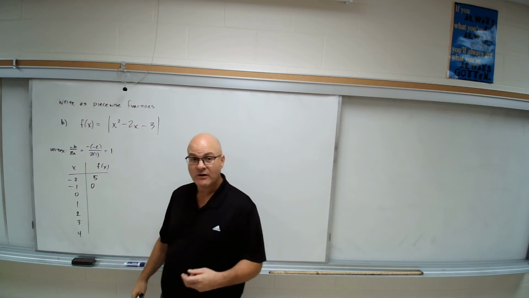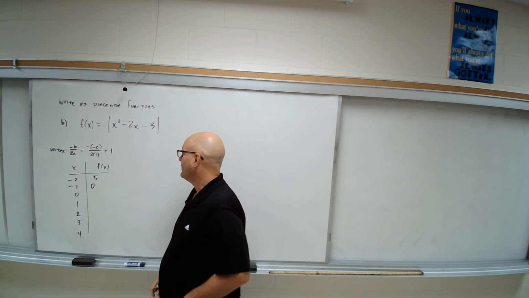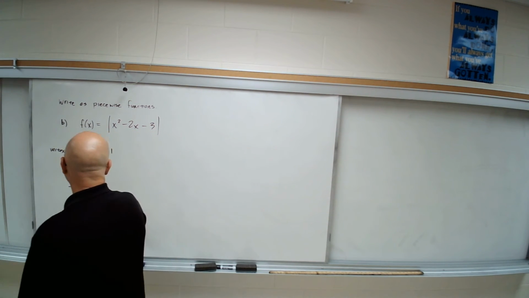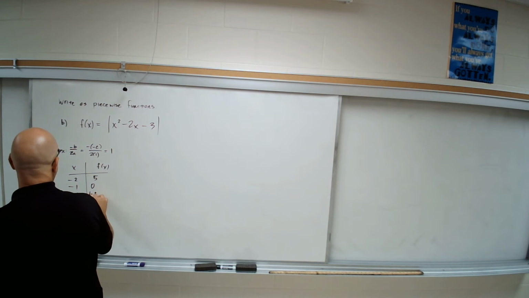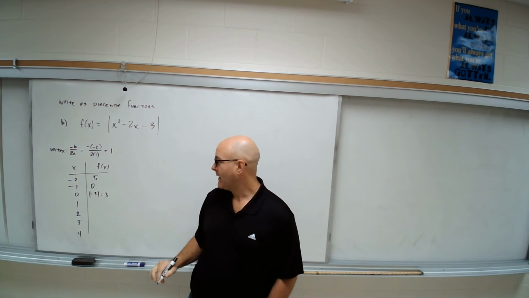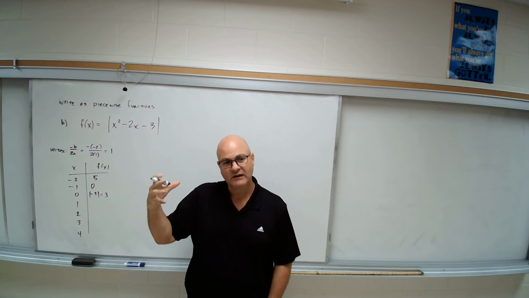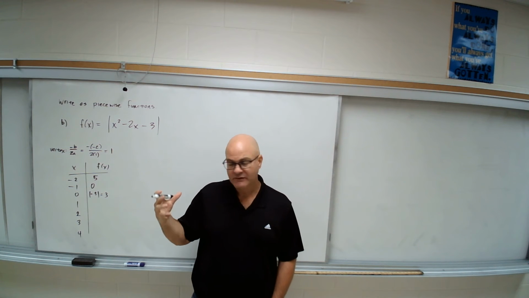Right, so 0 remains 0 if you absolute value it. We put 0 in here, we get negative 3, but then when we absolute value it, we get positive 3. Okay, and I'm going to put the negative 3 there, and I'm going to show you what the original graph would look like, and then what the absolute value does to it.